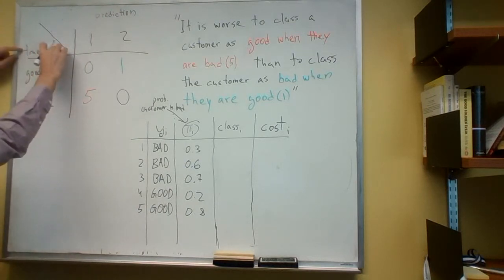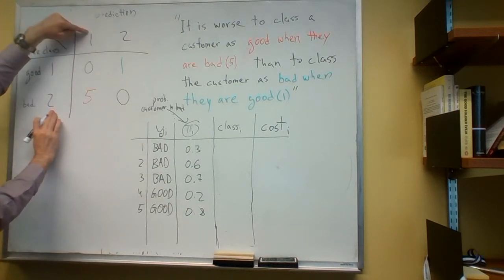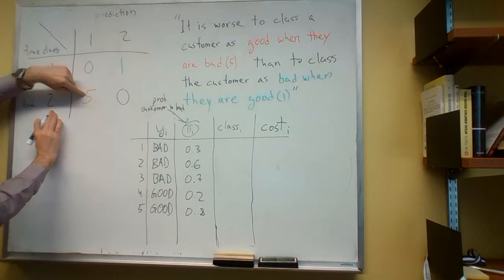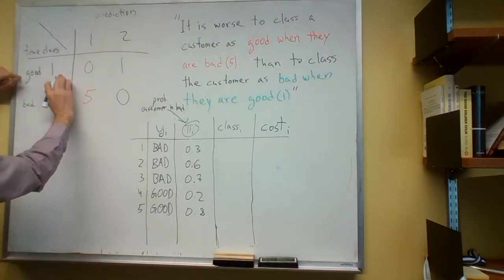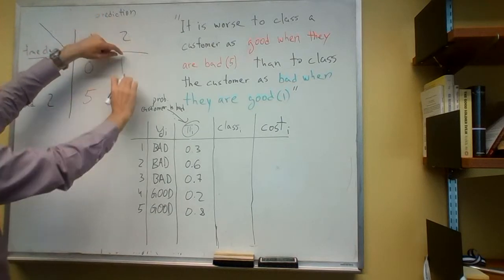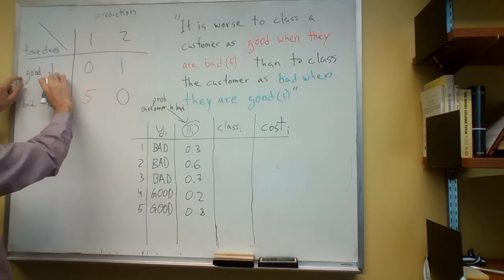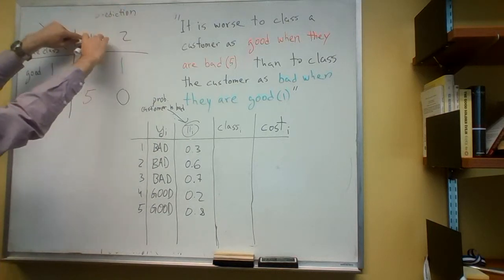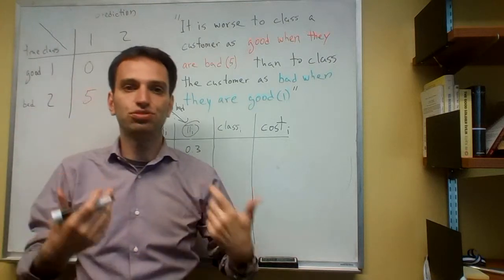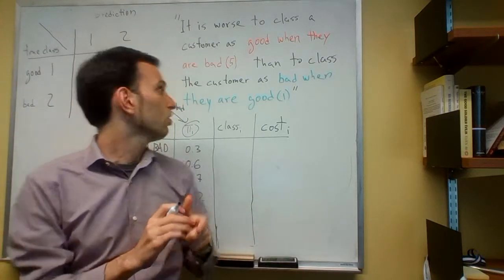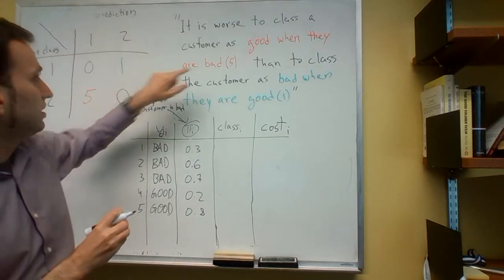So if the true class is bad and the prediction is good, then the cost is 5. If the true class is good and the prediction is bad, that costs us 1. If the true class is good and the prediction is good, that costs us 0. And finally, if the true class is bad and the prediction is bad, that also costs us 0. So this is how you figure it out.